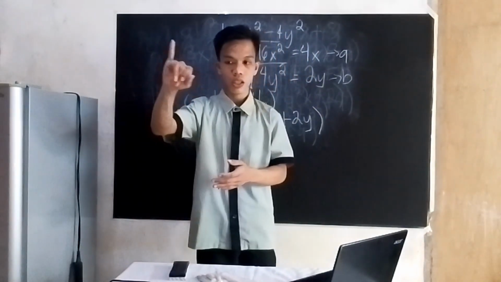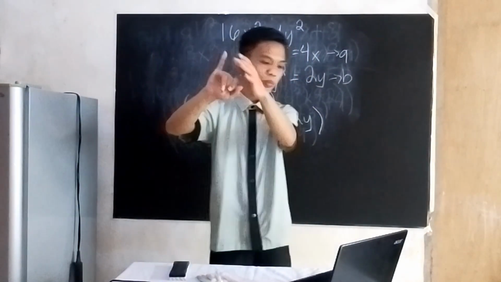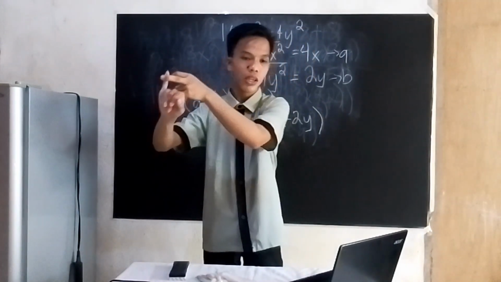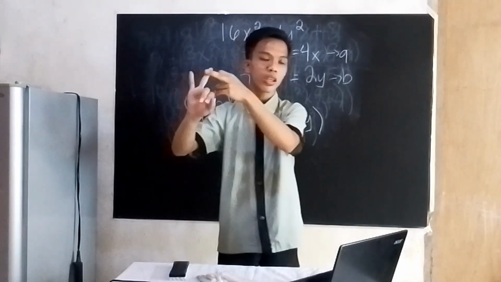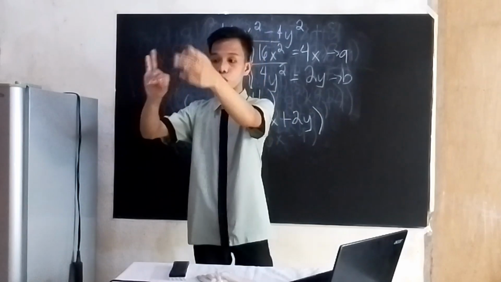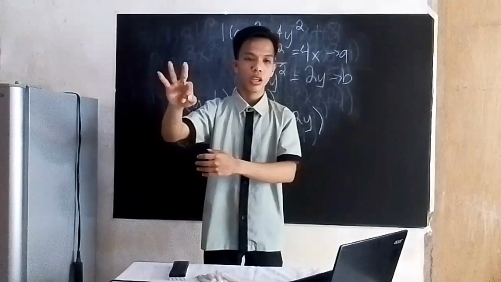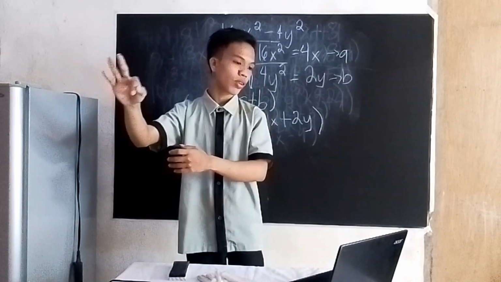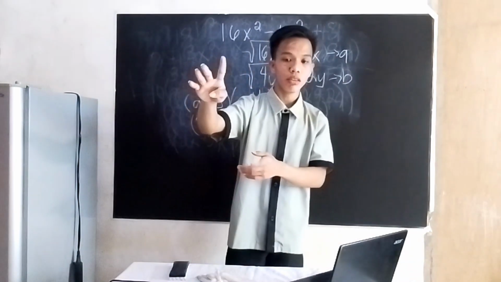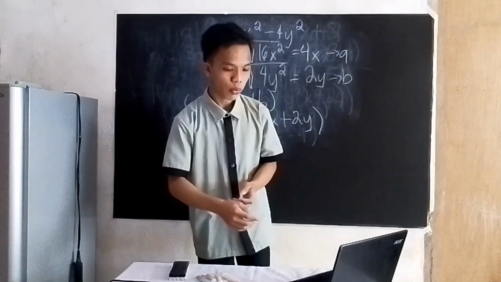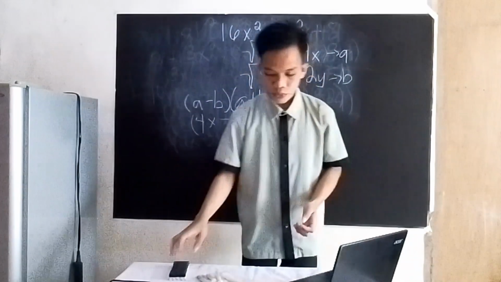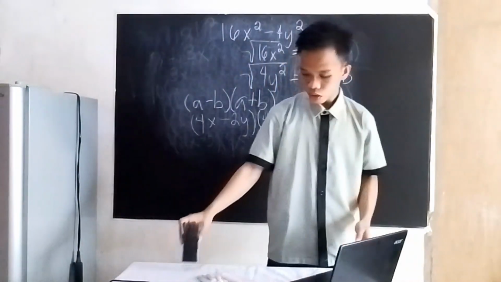First is the greatest common monomial factor. Second one, grouping method. Third one, sum and difference of 2 cubes. And the last one is the difference of 2 squares.